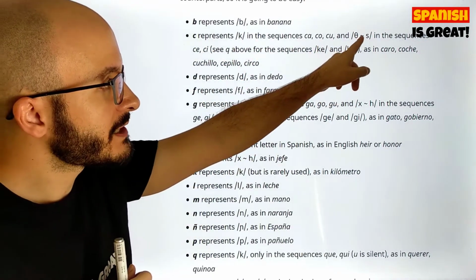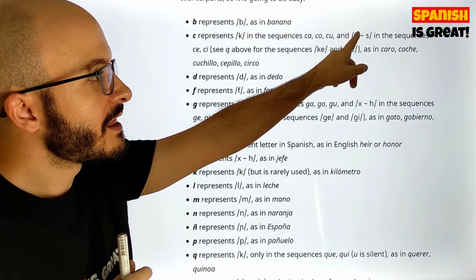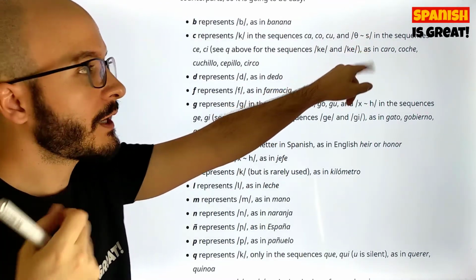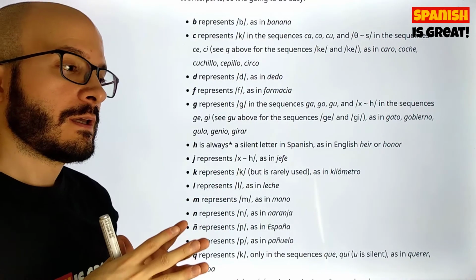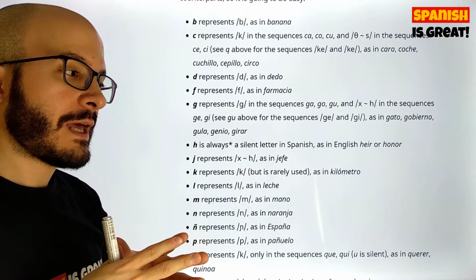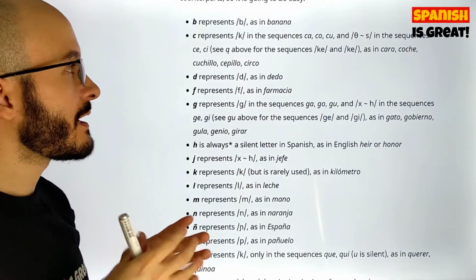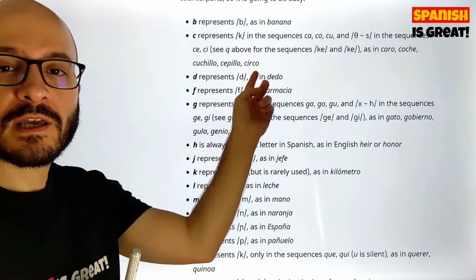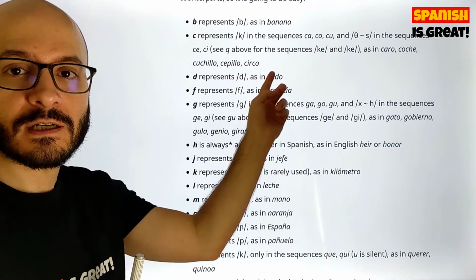And here you might see that I have this theta or s, okay? Because as you might know, all Latinos, for example, they wouldn't say circo with theta, they would say circo with s.